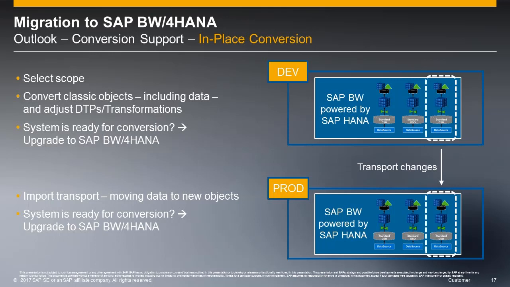Well, now that InfoCube is no longer there, so now we need to adjust the transformations, maybe move them below the data store object. But my point is, this work is captured in a transport and then moved to production, and then we have to import the transport, moving the data to the new objects. So this is the in-place conversion.